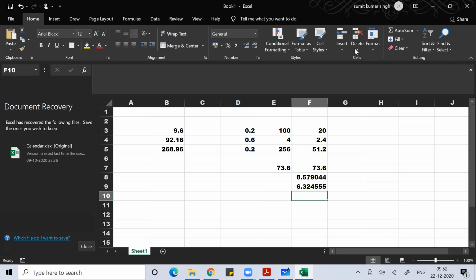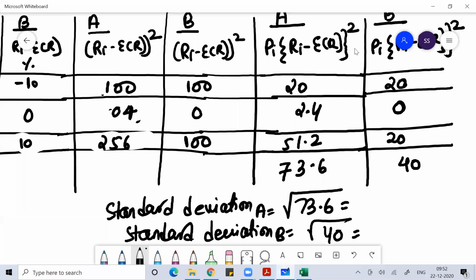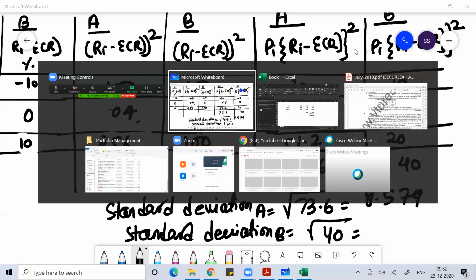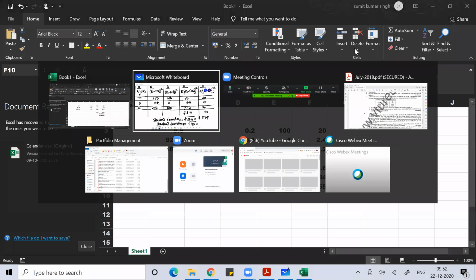Square root of 73.6 is 8.579, and square root of 40 is 6.324.